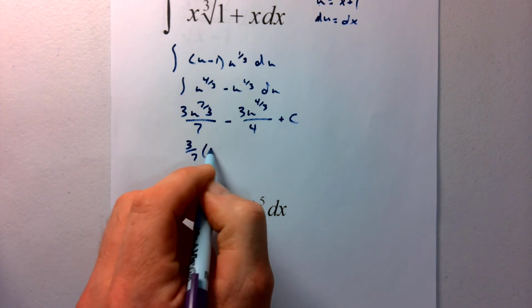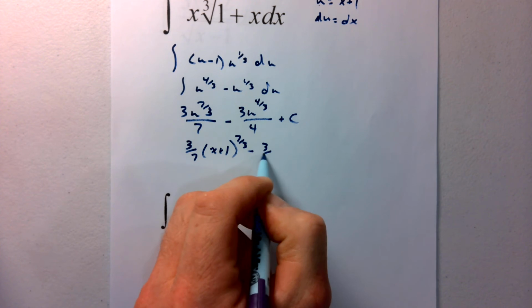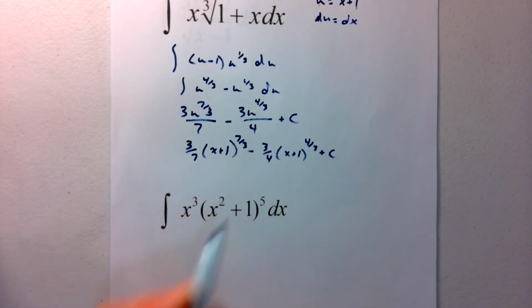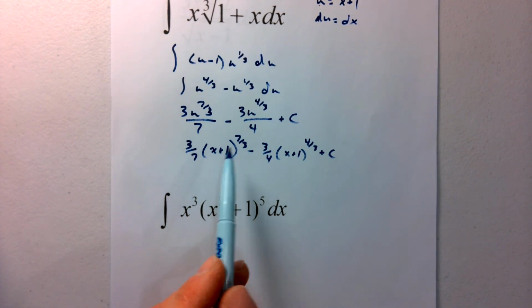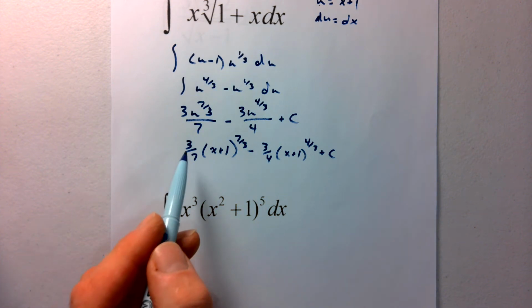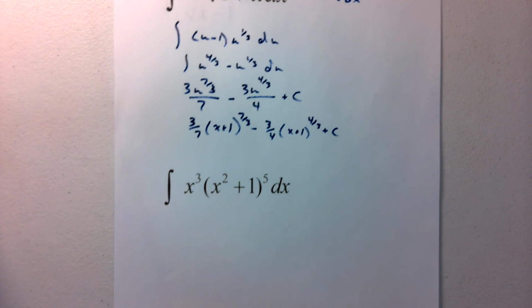So we get 3/7 of x plus 1 to the 7/3 minus 3/4 of x plus 1 to the 4/3 plus c. Again, if you want, we could do some factorization. We could find a common denominator. There's a multitude of things that we could do to get to that answer. Extended response, again, I would leave it just like it is.